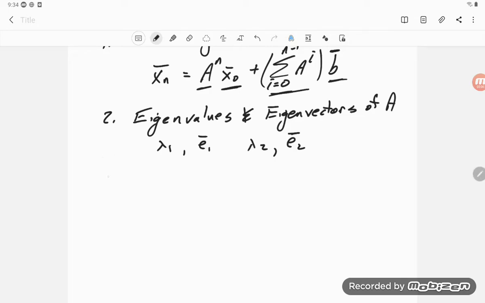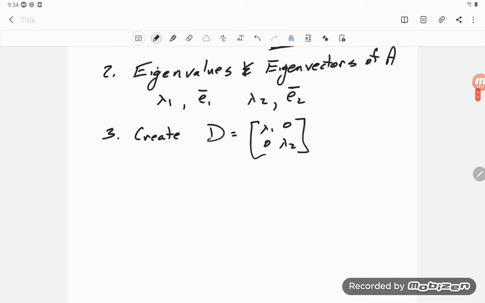So we'll get those. Then 3, we create our diagonal matrix D equal to lambda 1, 0, 0, lambda 2, and P, and we make that from our e1 and e2 columns.